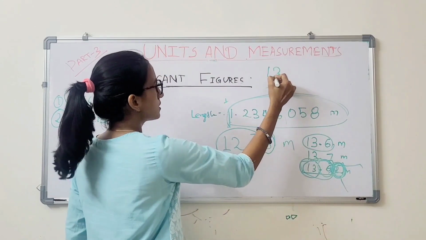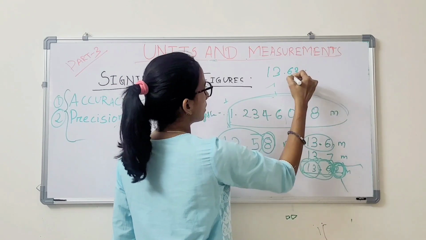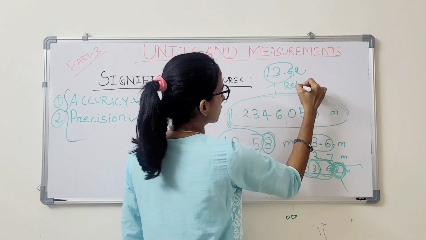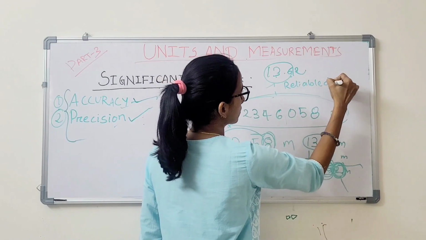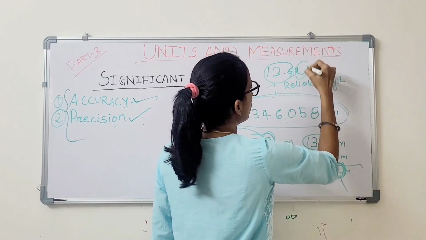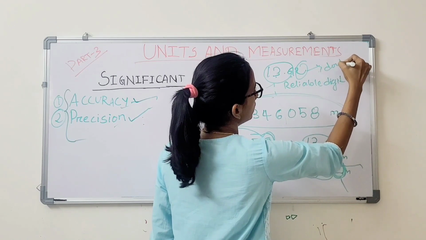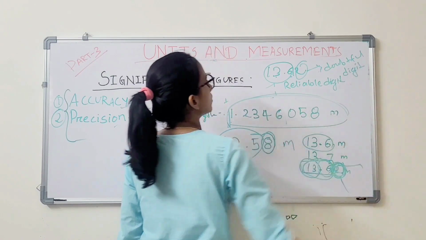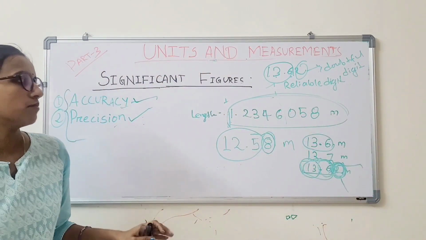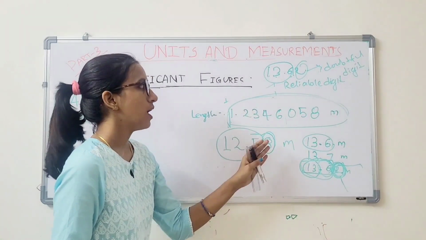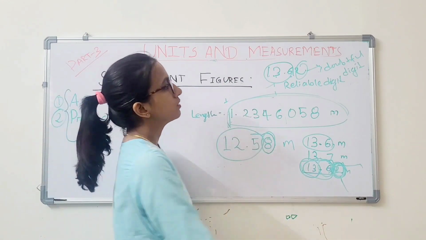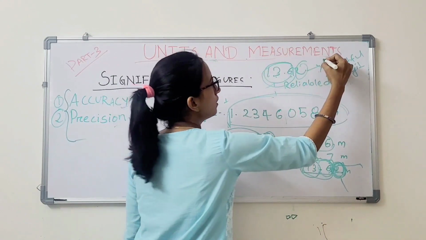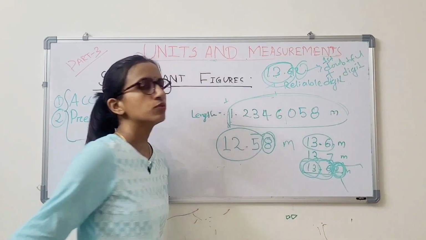In 13.62, 1, 3, 6, these three are reliable digits, and 2 is the doubtful digit. So rule number 1 says that you have to consider all the reliable digits plus the first doubtful digit.